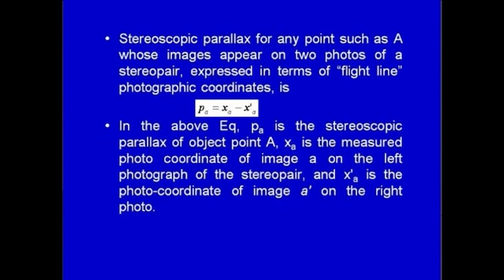In the above equation, P_A is the stereoscopic parallax of object point A, x_A is the measured photo coordinate of image a on the left photograph of the stereopair, and x'_A is the photo coordinate of the image on the right photograph.